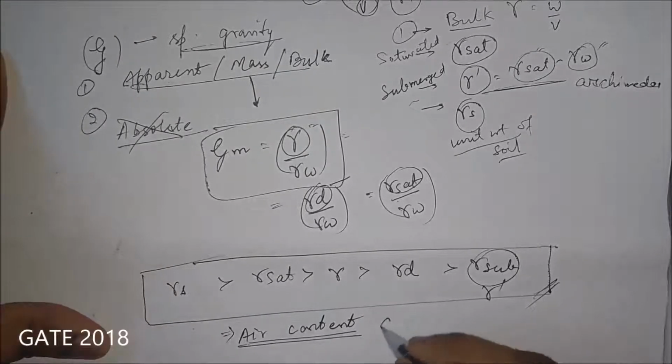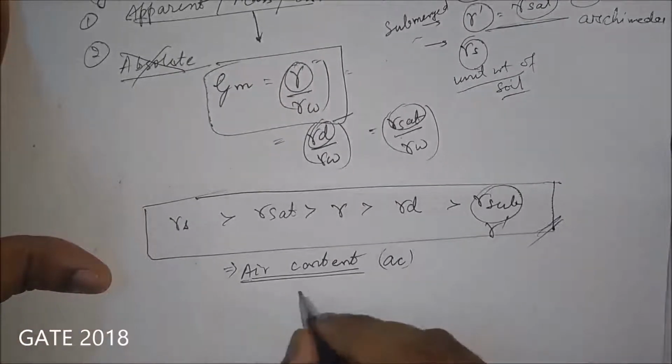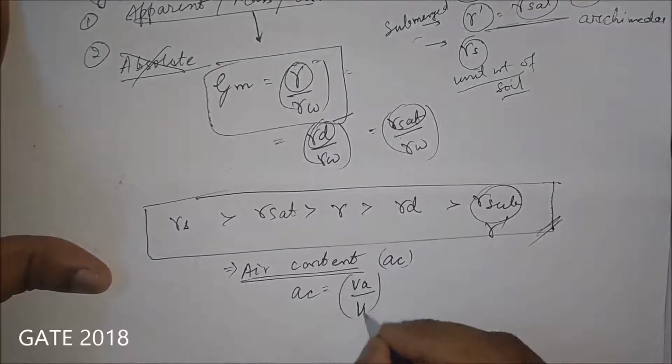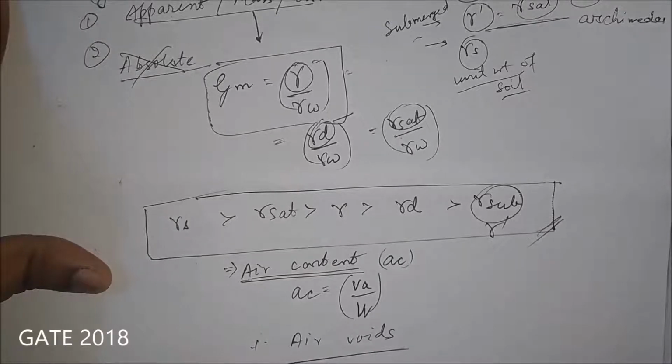Air content is given by AC. Now the air content AC is given by the volume of air by the total volume of the voids, VA by VV, and percentage air voids is given by eta A or nA, similar to porosity, VA by V into 100.